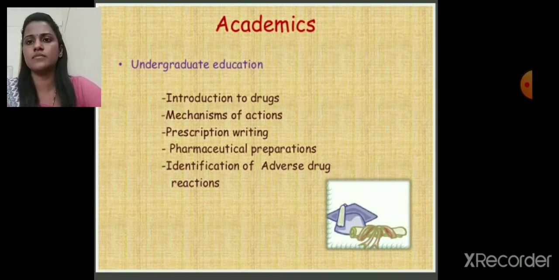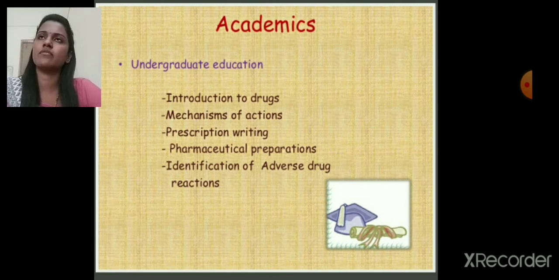Then pharmaceutical preparations, different pharmaceutical preparations or pharmacological doses, such as tablets and capsules, come under the pharmaceutical preparation. And the last one is the identification of adverse drug reaction.